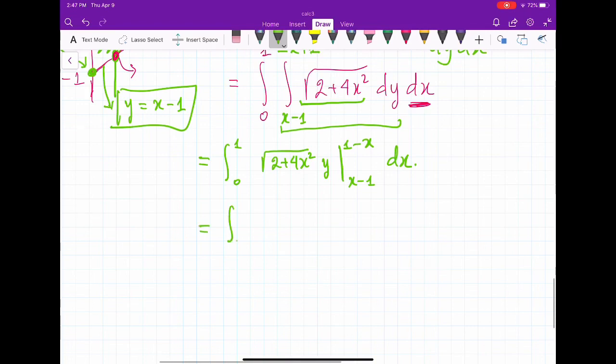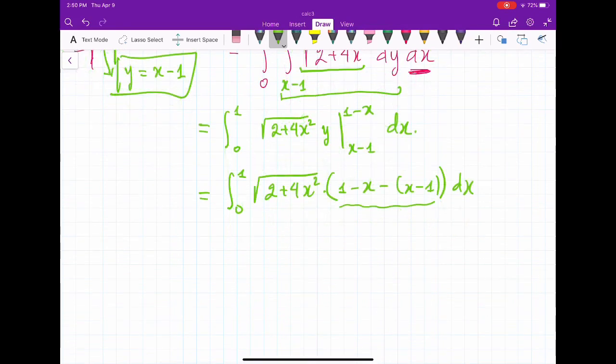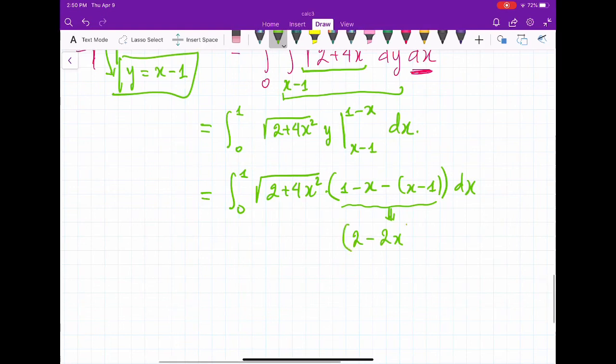And this is equal to the integral from 0 to 1 of square root of 2 plus 4x squared times (1 minus x minus 1)... if we simplify this, we get 2 minus 2x, right? Here I have square root of 2 plus 4x squared, integral from 0 to 1.